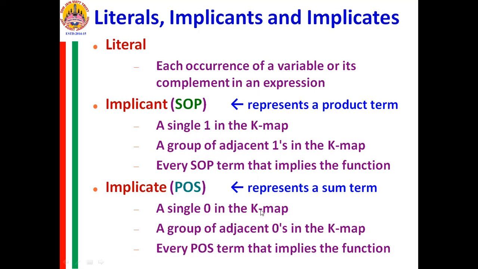And a sum term which evaluates to 0 and is present in the K-map is called an implicate. And if you form a group of adjacent zeros and write a reduced form of sum term, then that is also called an implicate.